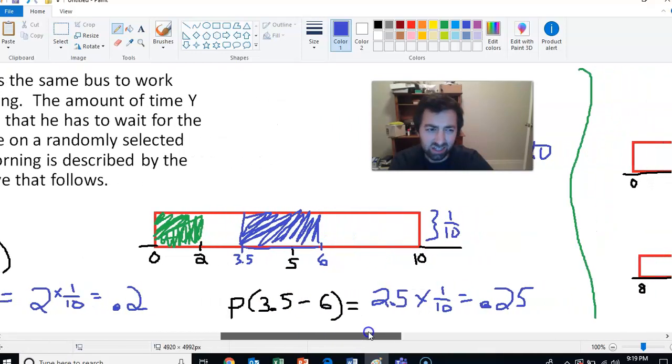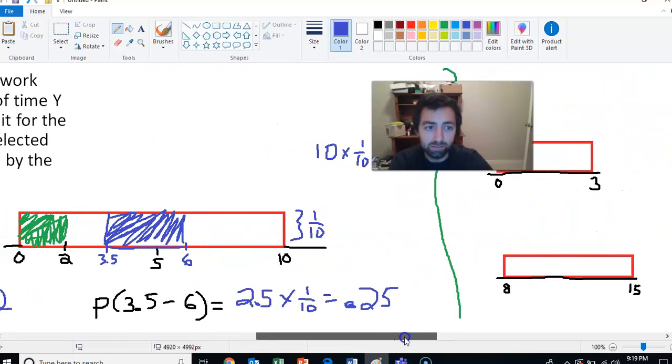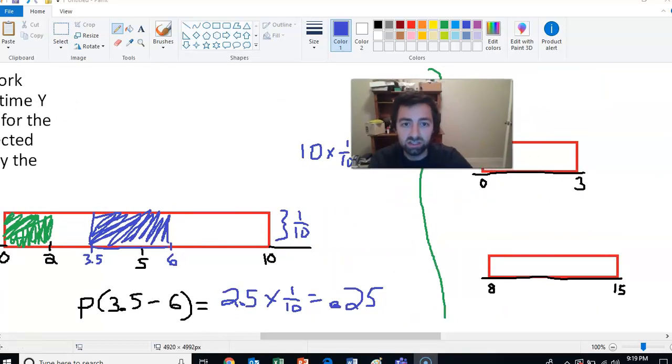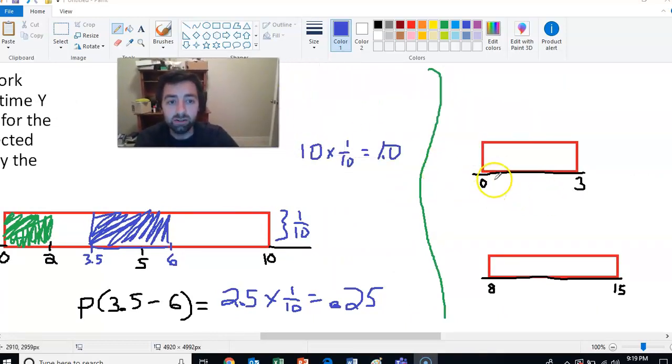Now I want to do a few more varying examples. So here the length is 3. When we're trying to do our probability calculations for this, let's say I want to know the probability that our variable, whatever it is, will be greater than or equal to 2.